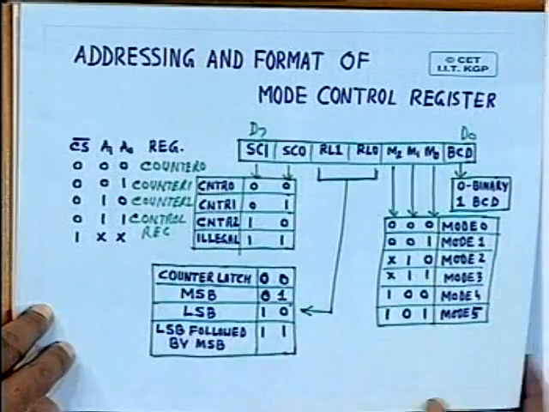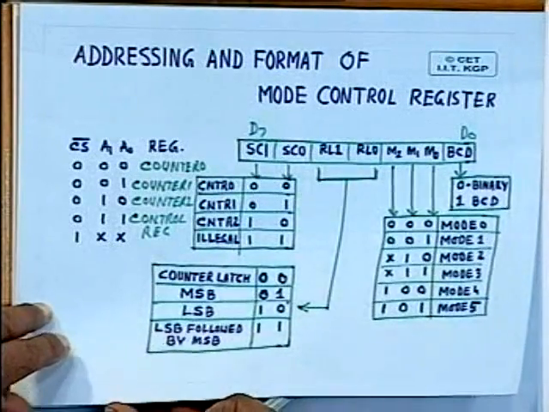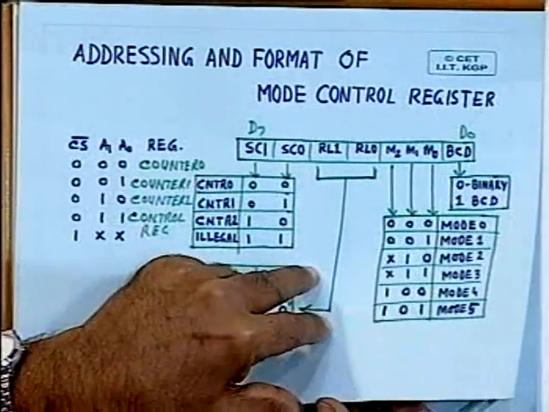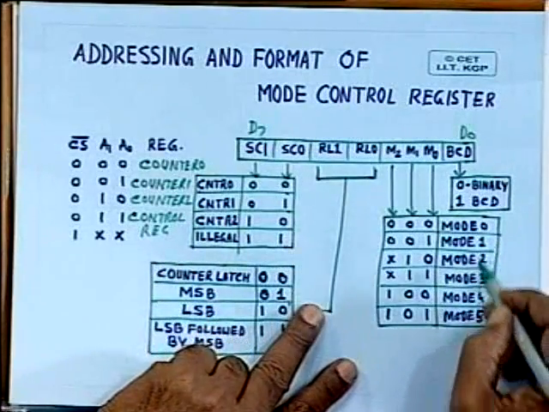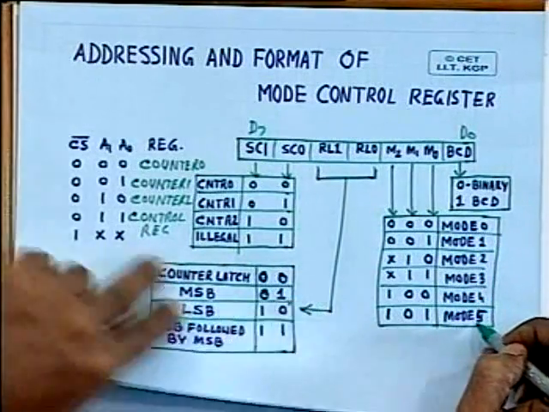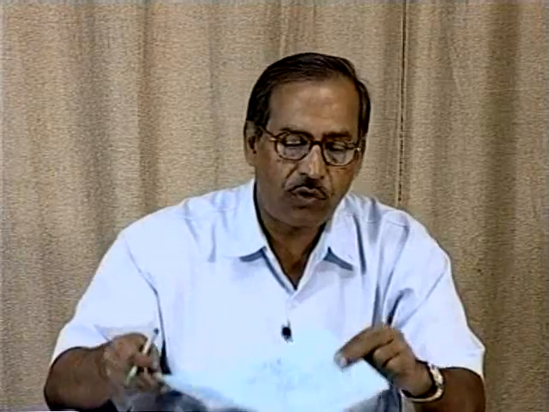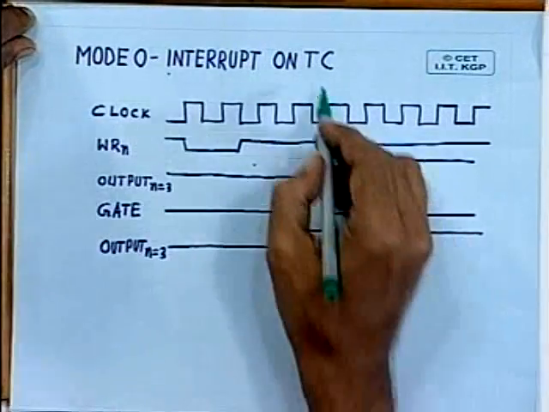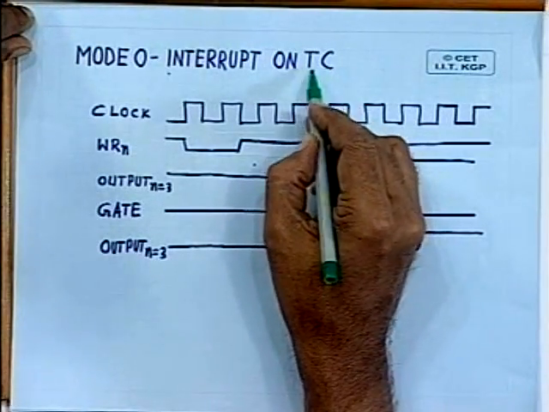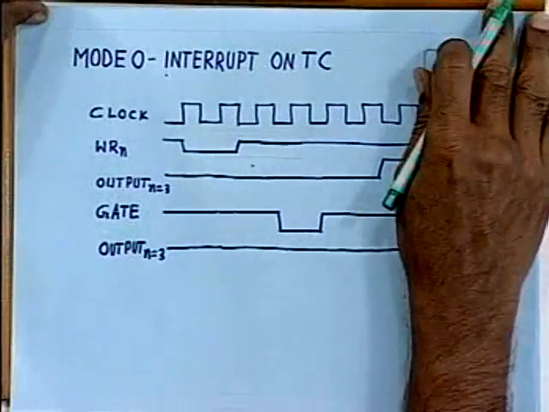Let us see the operation of this device, how they operate in 6 different modes. Mode 0 is known as interrupt on terminal count. This stands for terminal count, interrupt on terminal count. What you do here?